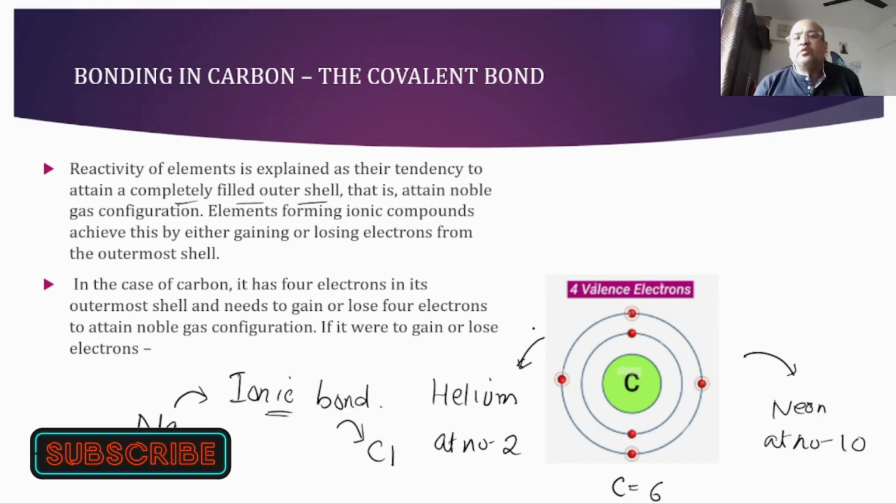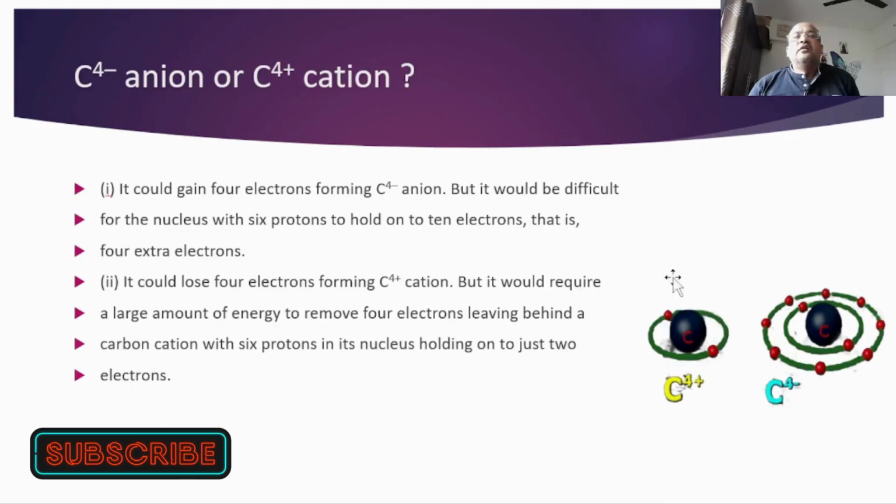So it either loses 4 electrons or gains 4 electrons. This is the condition. Now let's see what carbon really does. The formation of a cation or an anion is the issue. It can form a cation or it can form an anion.